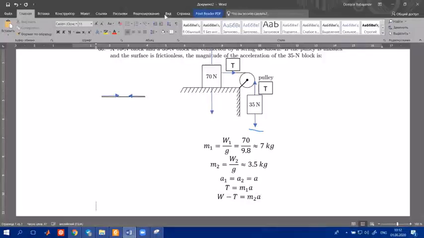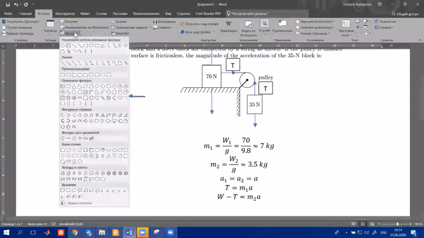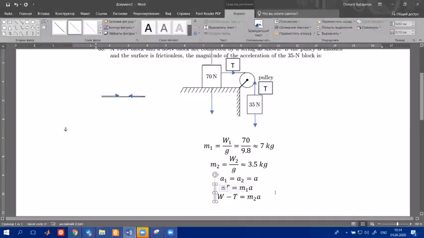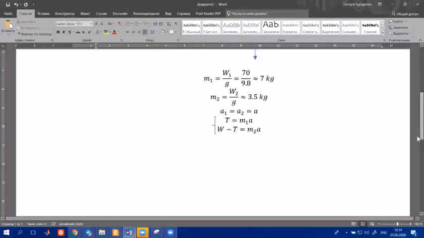Then we have to solve the system of equations. These two equations, the system of these two equations, and find the acceleration from this equation.